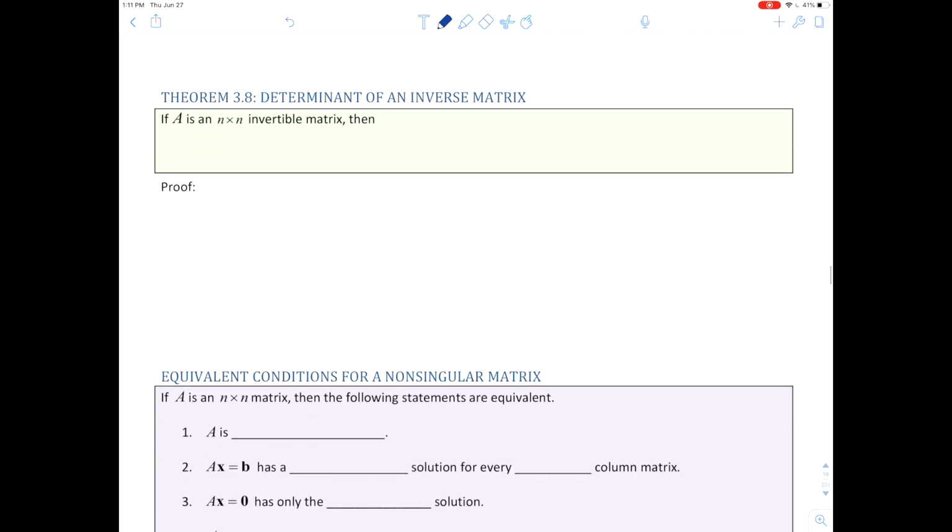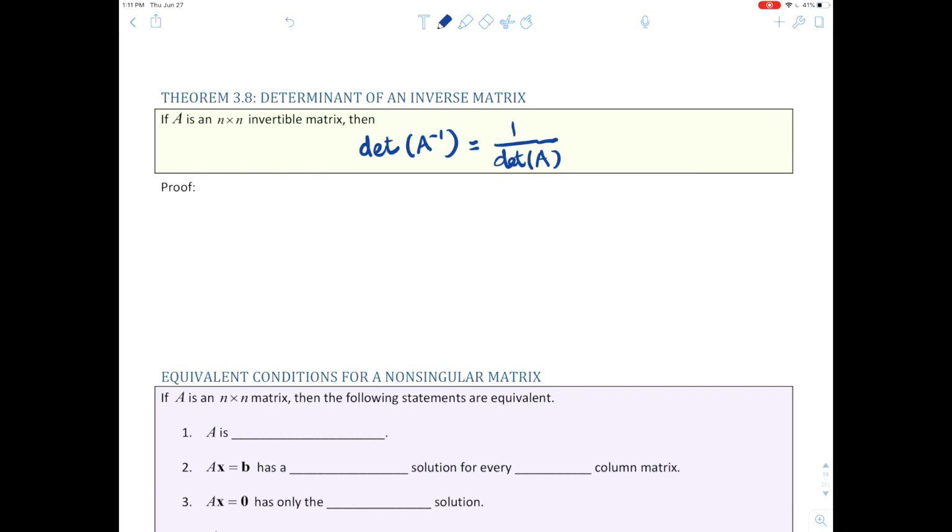The determinant of an inverse matrix is actually, if A is an n by n invertible matrix, then the determinant of A inverse equals 1 over the determinant of A. And that's what we found in the other one. So let's go ahead and do the proof of that one.